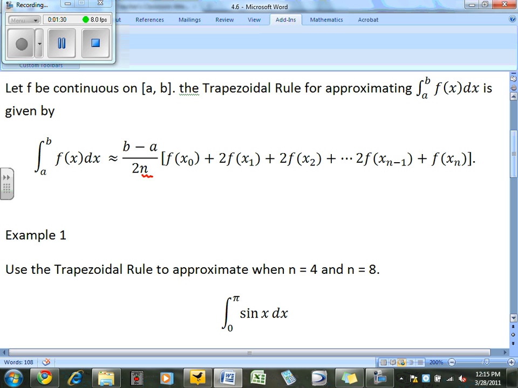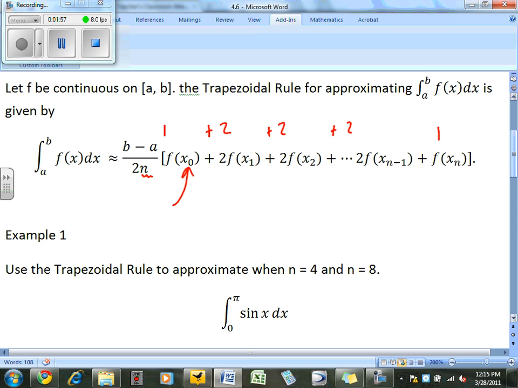And then we'll start at the very end point of our trapezoids and continue, plugging into the function. Notice the pattern: the trapezoidal rule will always have a coefficient of 1 at the beginning and 1 at the end, and for the rest of them, it'll be plus 2 times the function at that point that we're choosing. Okay?